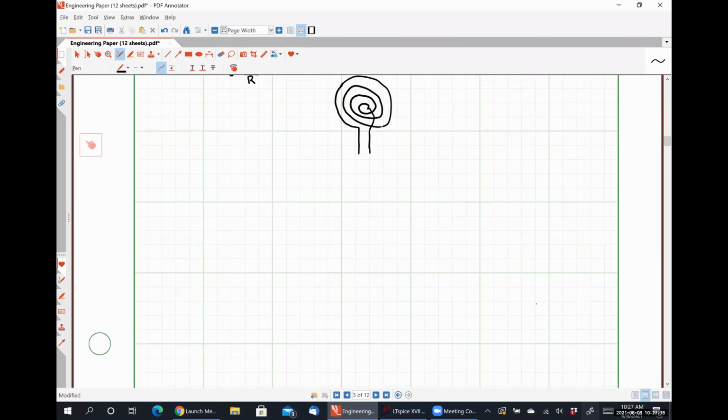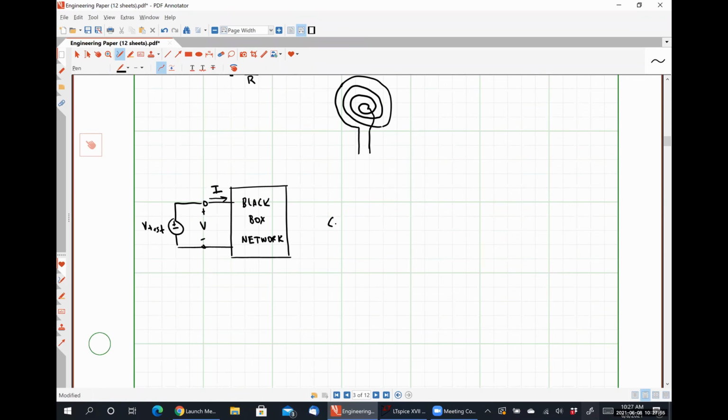So if we have a black box network, we apply a test voltage. We measure some voltage across the terminals of the network. We measure the current flowing into the network.